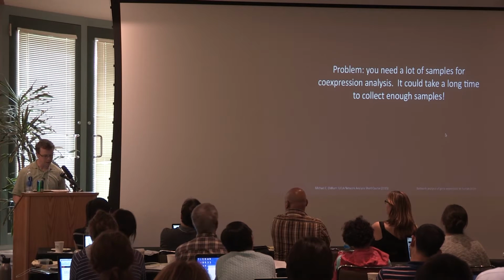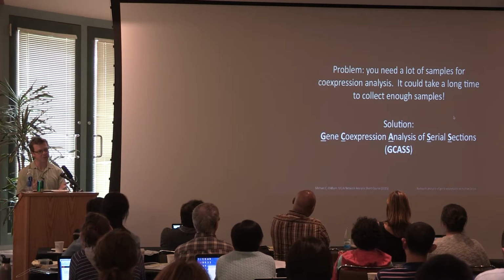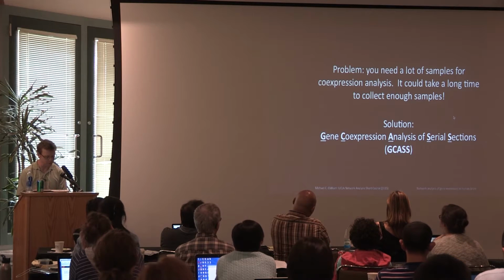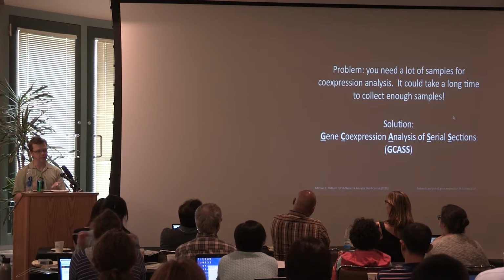So I had this idea, which we call GCAS, which stands for Gene Co-Expression Analysis of Serial Sections. I've alluded to this a couple times, but the basic idea is that if you have one tissue specimen and you simply cut serial sections from one end to the other, and you extract RNA from every section, everything I told you about variation in cellular proportions will still apply.